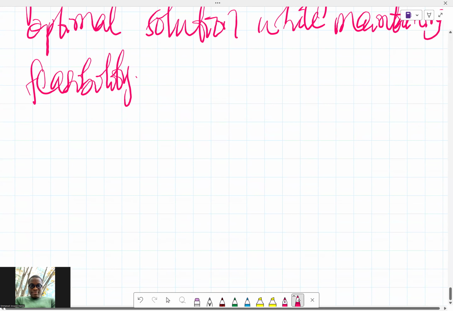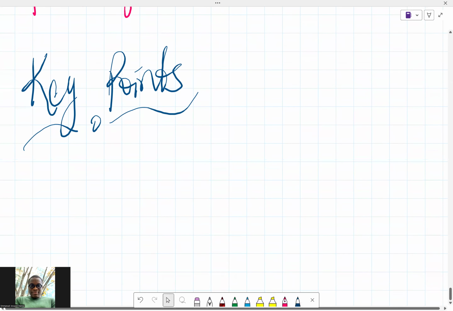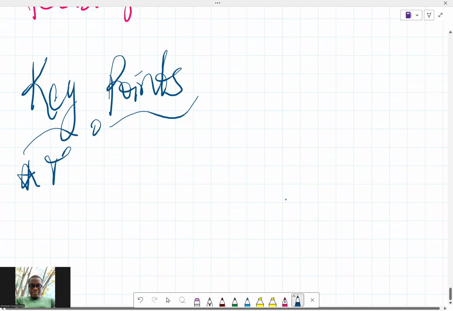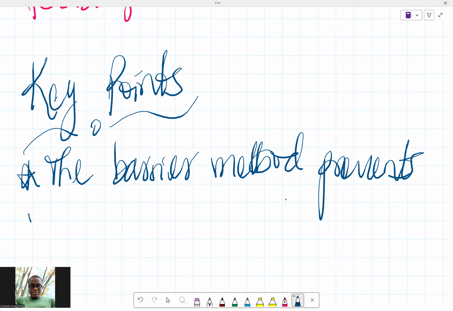Okay, so let's talk about some key points. Yeah, let me just call this key points generally. Key points, just like we saw key points for penalty method. So first of all, the barrier method prevents violations of inequality constraints.